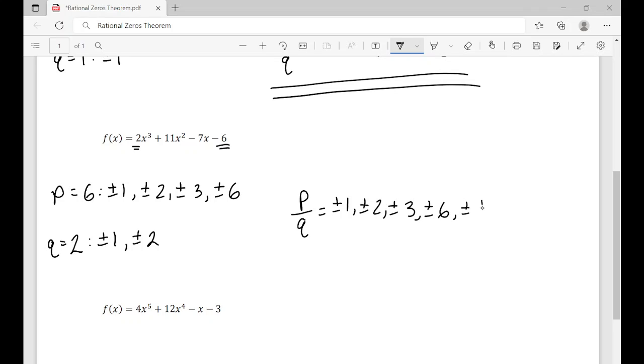So plus minus a half. 2 by 2 is just going to give us 1, so we don't have to worry about that. 3 divided by 2 is actually going to give us something new, so plus minus 3 halves. And then 6 and 2 is just going to give us 3 again, so there's no need to state them a second time. So here are all our possible rational zeros for this polynomial.